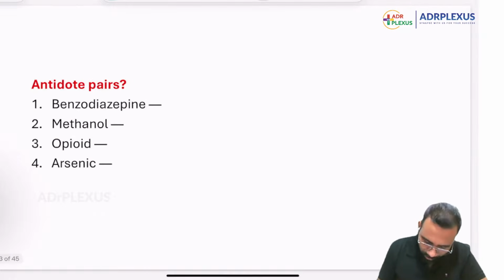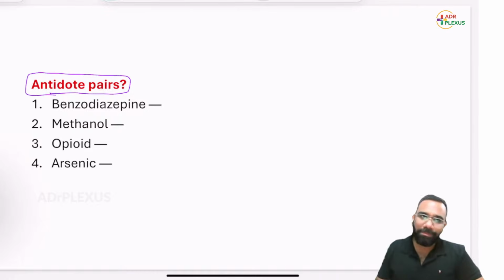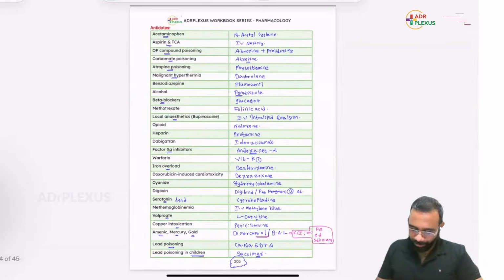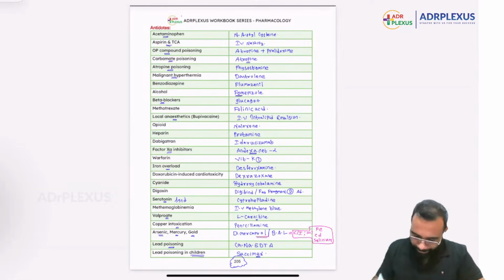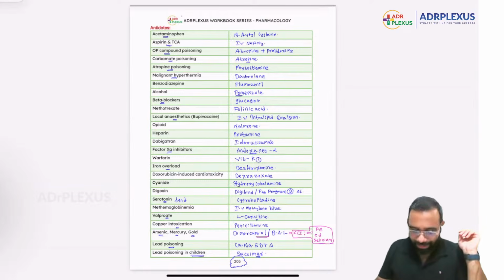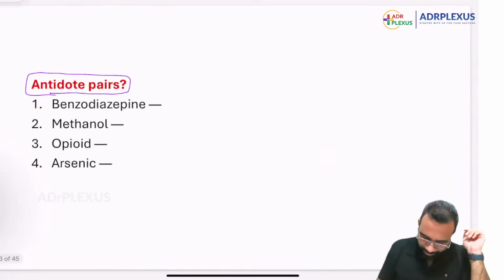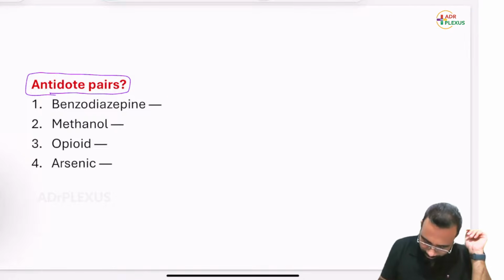Now come to antidotes. If you remember the last page in our workbook, I told you one question will be there in the coming INI. That was my last statement before wrapping up the class: the last page, definitely one question will be there. Here it is: benzodiazepines, flumazenil.